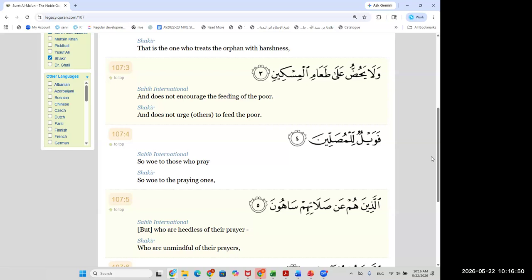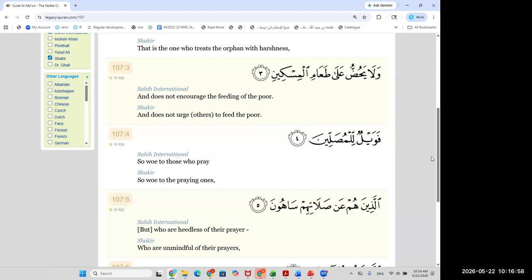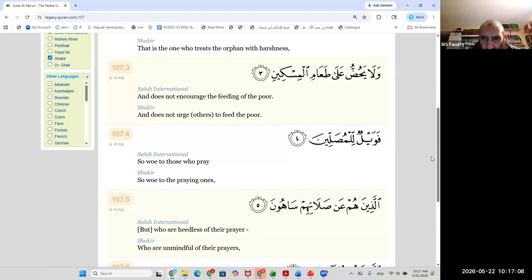Because this is Jam'a Mudhakkar Salim, the ya and the noon are the indication of the majroor nature. Musallin is both the mansub and the majroor.